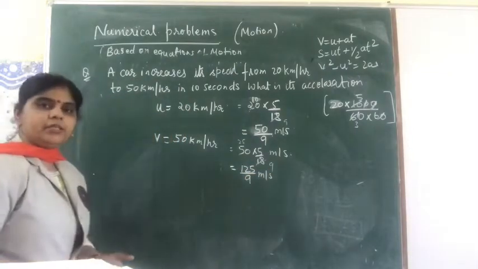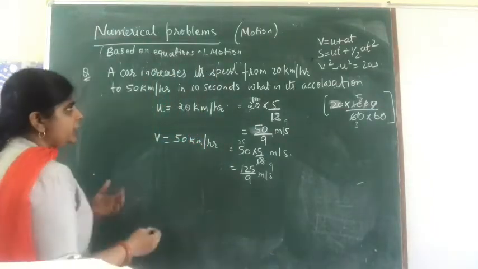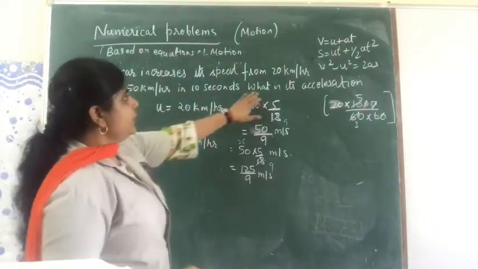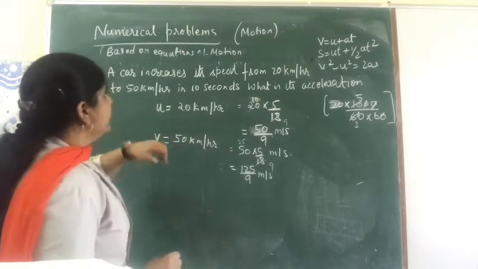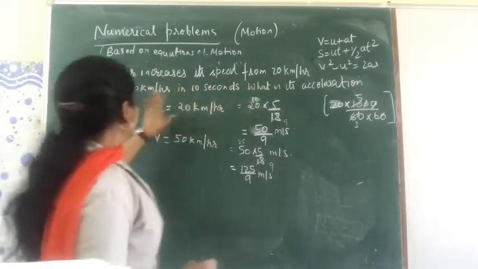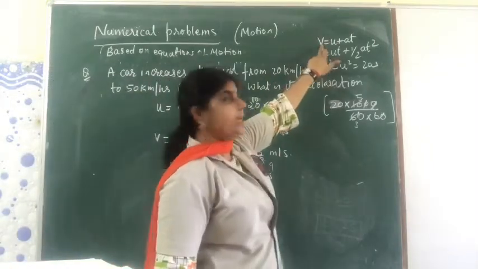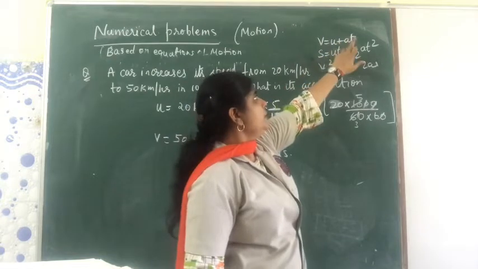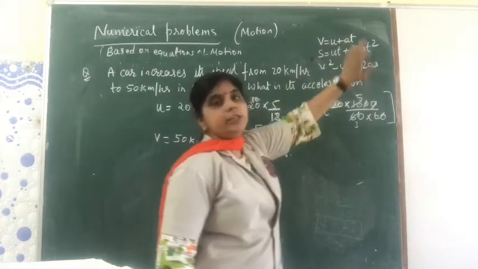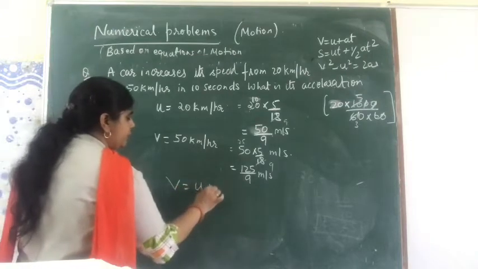Now we have converted into SI units. Now we are going to use the equation. We need to find its acceleration. I know the value of v, I know the value of u, I know the value of t, and I need to find the acceleration a. So I can easily use the equation of motion.